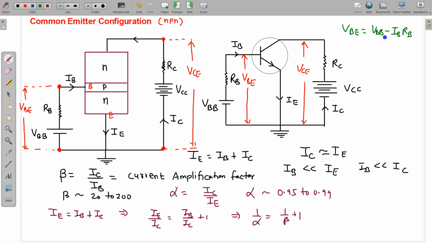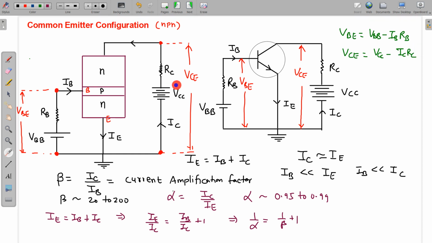And VCE can be written as VCC minus IC into RC.